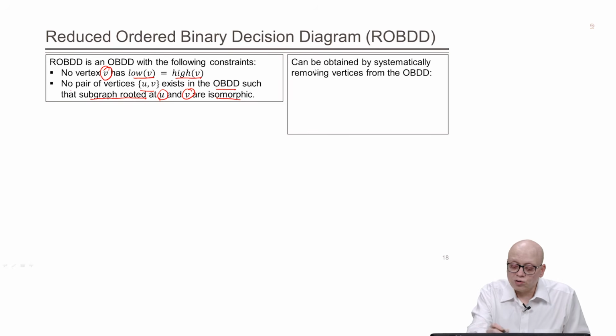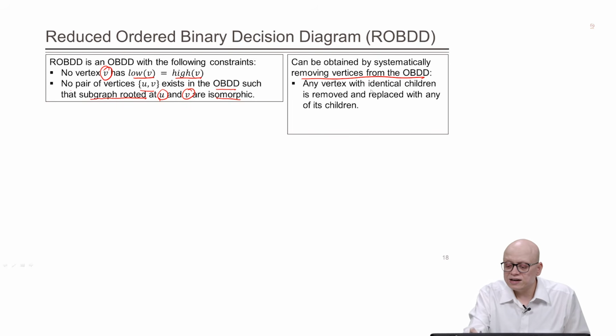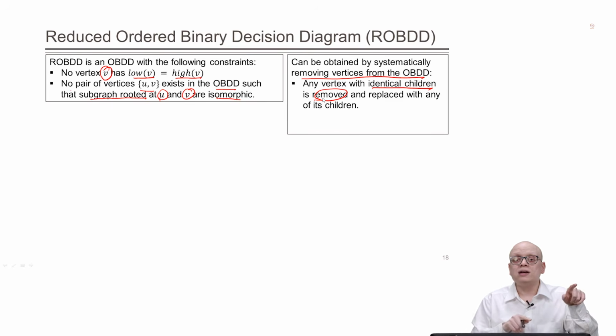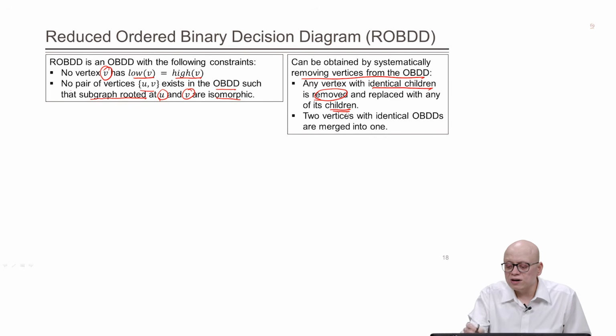So, we can obtain an ROBDD by systematically removing vertices from an OBDD. Any vertex with identical children, we can remove. If there is a vertex whose 0 edge and 1 edge go to an identical vertex, then we can replace that node with its child. And if two vertices with identical OBDDs are there, then we merge them into one.